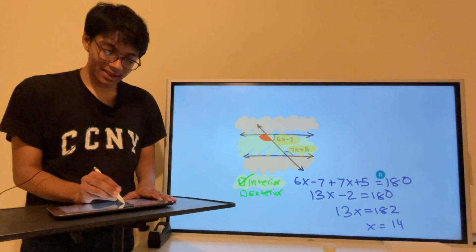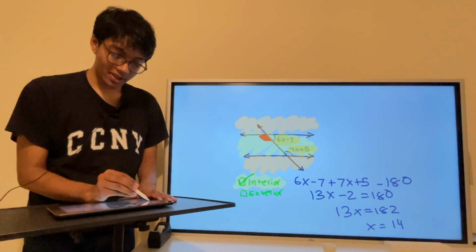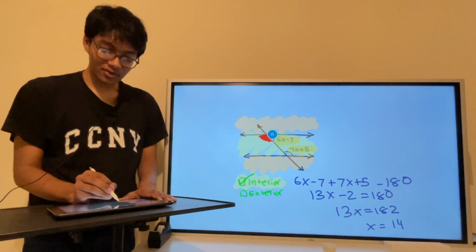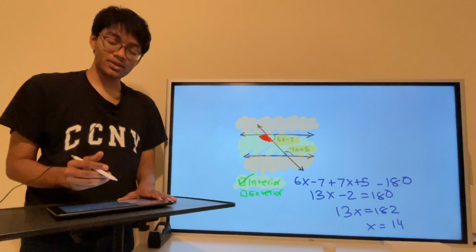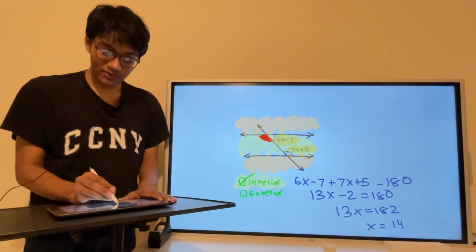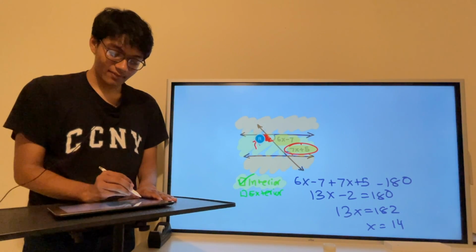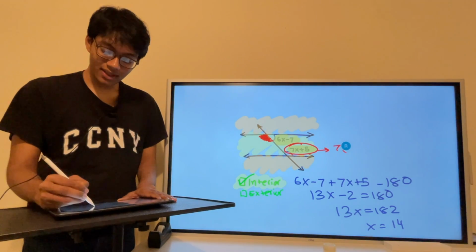But we want to know what this red angle is. How do we find out what the measure of this red angle is? Well, the measure of that red angle would be equal to the measure of this angle, right? Because those are alternate interior. So if we just find out the measure of 7x plus 5, we can find out the measure of this. So let's do it. 7x plus 5, just substitute in 14 for x.